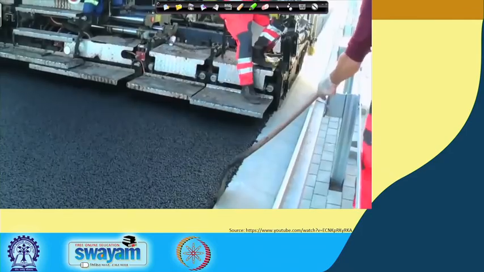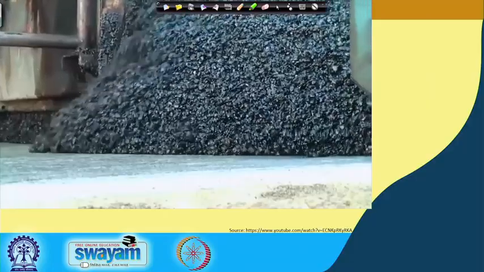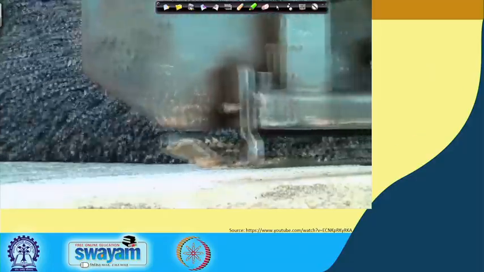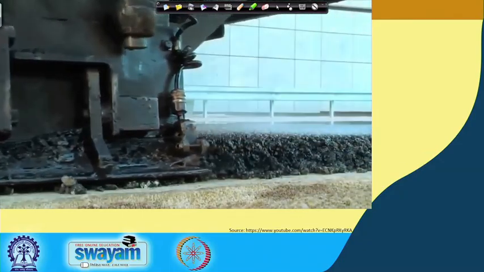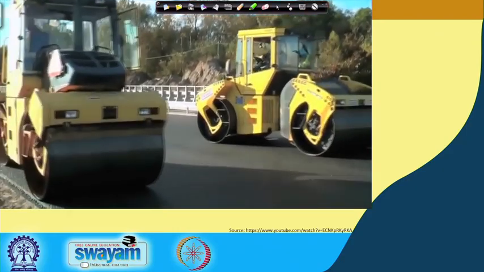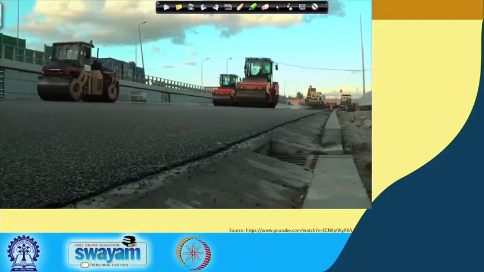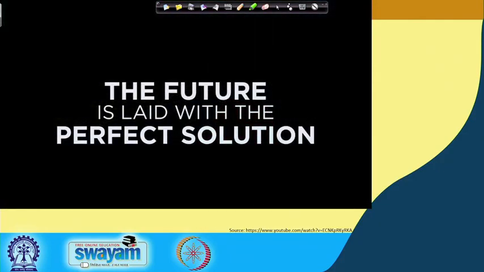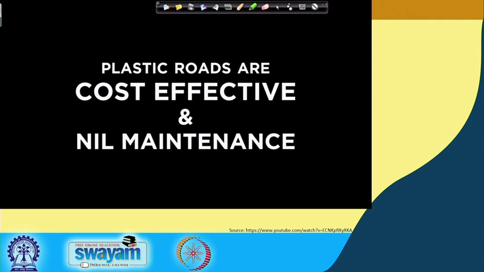In the final step, the plastic coated bituminous mix is laid according to the alignment and is compacted as per the standards. Plastic roads, a perfect solution. We are spending 4.5 trillion rupees on annual maintenance of roads and similar infrastructure. They are cost effective with nil maintenance.